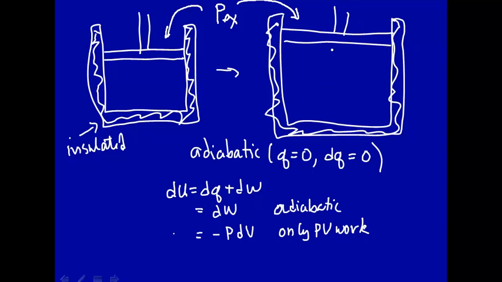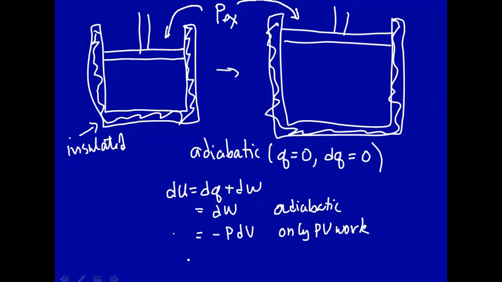If you have some work being done, that energy to do that work didn't come out of nowhere. In fact, it came from the internal energy here, because we can't get any heat coming in. So the temperature of the gas must have changed. You're doing work on the surroundings, so the temperature of the gas must have decreased.